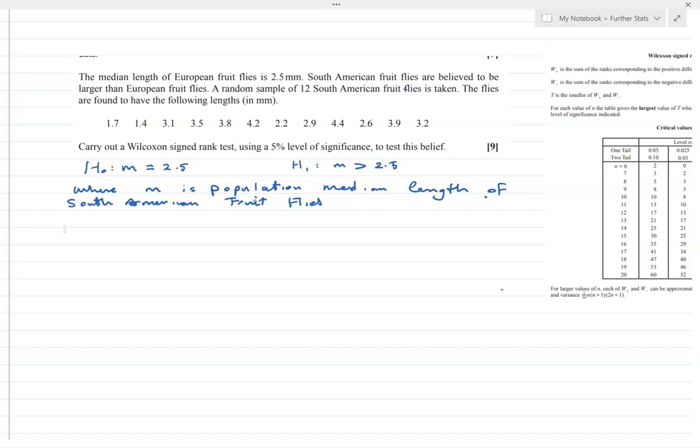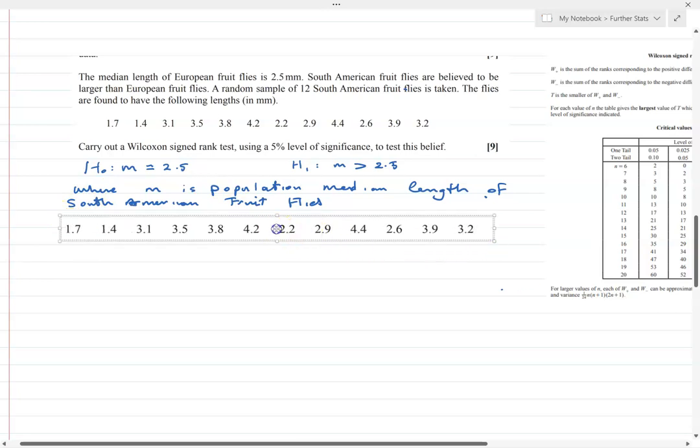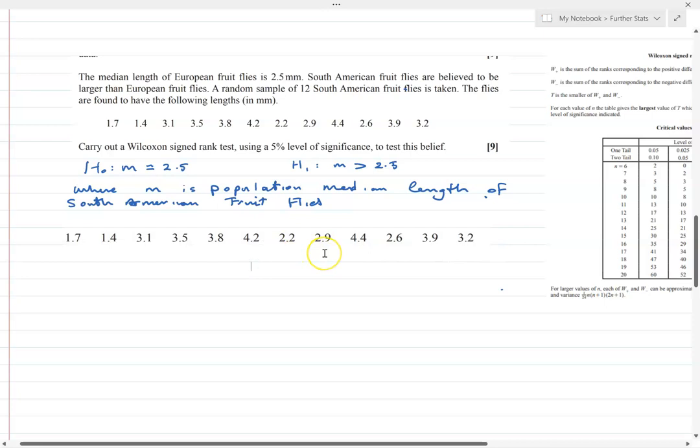Okay, so now let me get on and do the test. Let me bring up the data. What we do is look at the difference between the data that we have and the median that we're comparing it to.